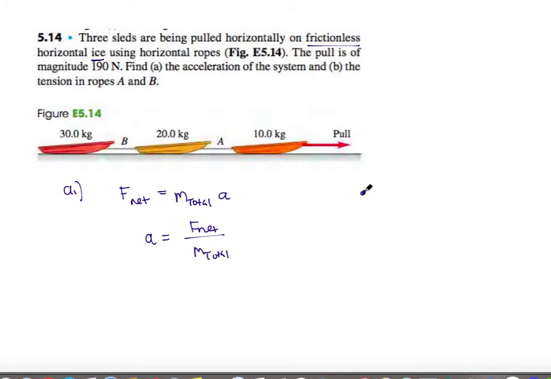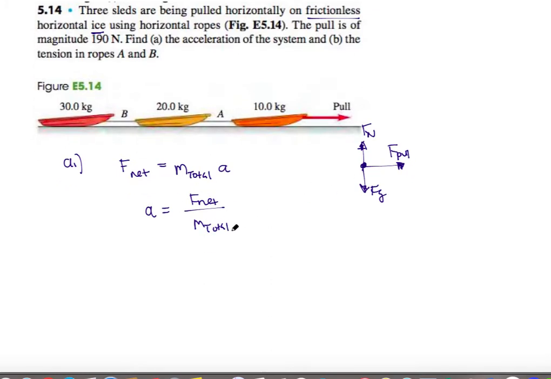So real quick, we're just going to point out that the net force on this is just going to be the pulling force. There is some normal force on this system, and there is some force of gravity, but that doesn't matter. The only thing we care about is that pulling force, because in the x direction, which is my net force, all I have is F pull.